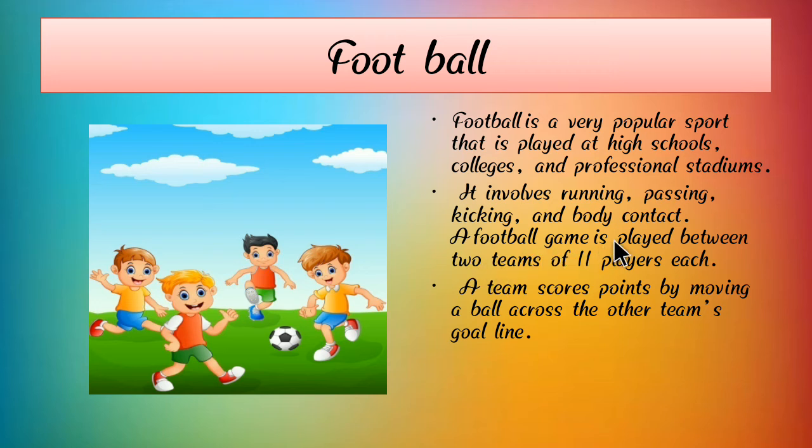A football game is played between two teams of 11 players, and a team scores points by moving a ball across the other team's goal line. Football is a fast game.